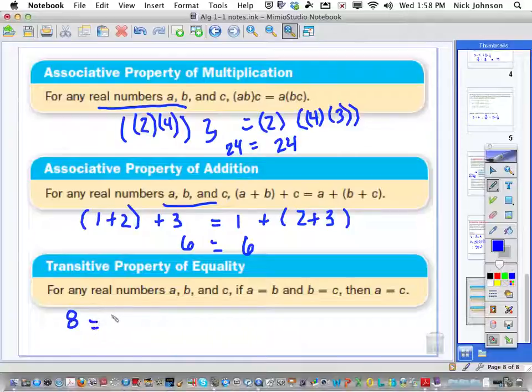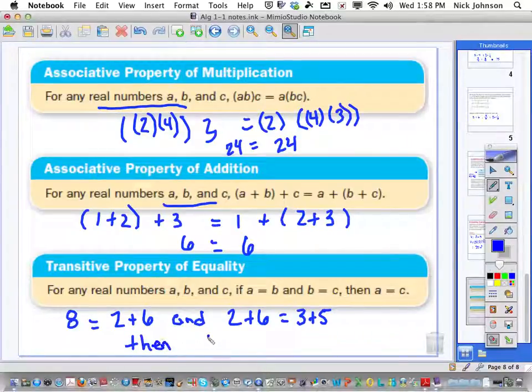If that equals 2 plus 6, and 2 plus 6 equals 3 plus 5, then 8 has to equal 3 plus 5.